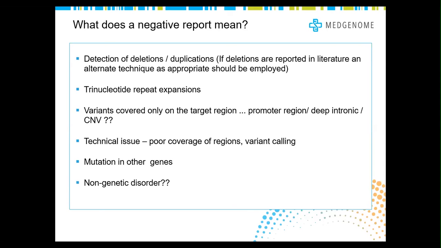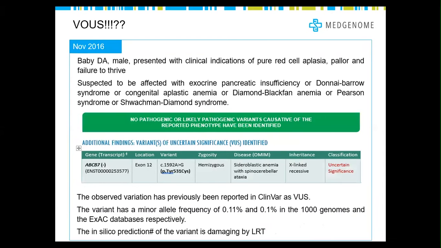So you may not get something in that condition. So a negative report means you need to work up further. The patient also, maybe some lab testing, maybe we need to wait and watch and reanalyze the data after 6 months or so. And another, which I have described before, variant of uncertain significance, is a big dilemma for everybody.